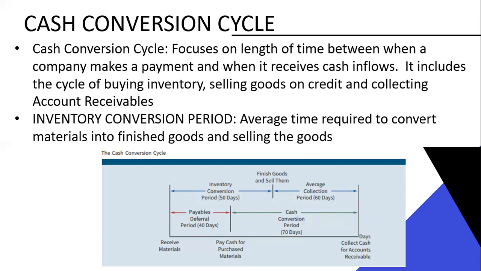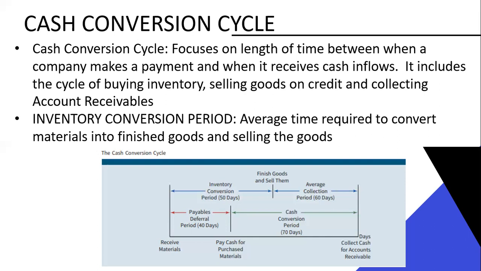This is broken into two basic parts. One is the payables, which is the amount you have to pay somebody, measured in number of days. Let's say somebody says you can borrow money to buy your inventory, but you need to pay us back in 40 days.